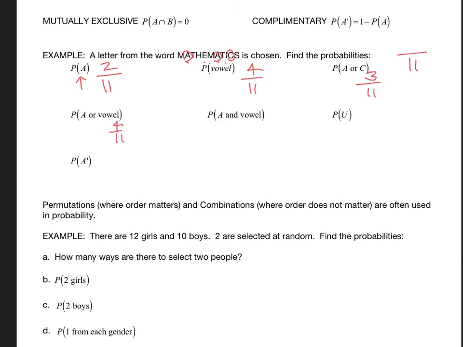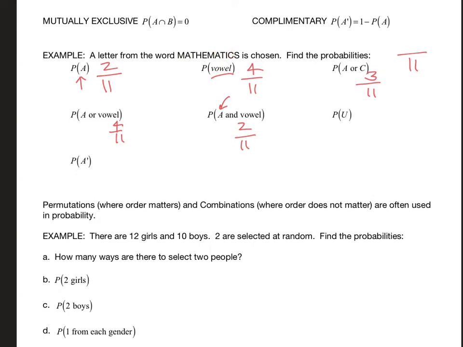A and a vowel. Okay, so the difference between or and, right, is union versus intersection. A's and vowels is only the A's, whereas A or vowel is all the vowels. All right, probability of U. Oh, that's interesting.